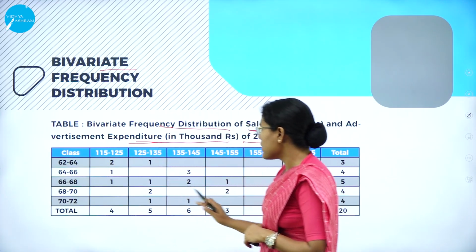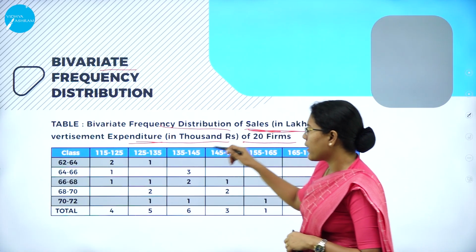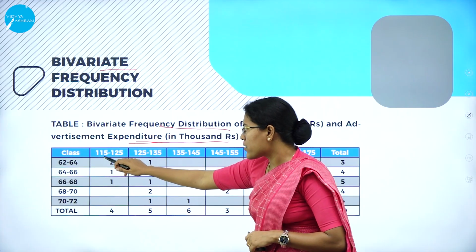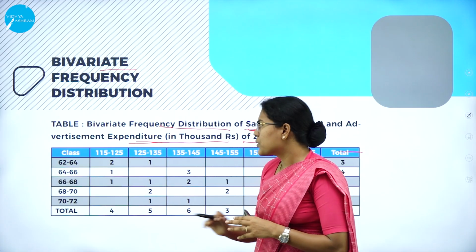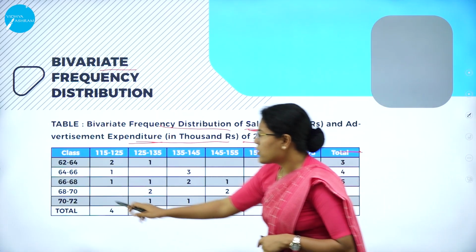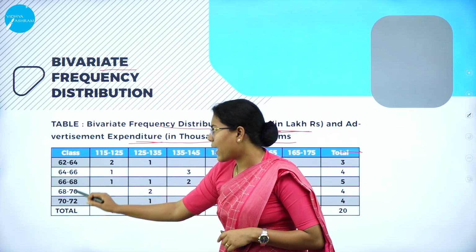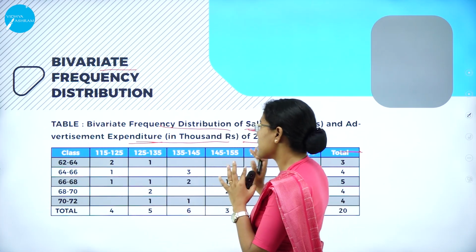In this table, the sales of 20 companies are recorded like this: from 115 to 125, 125 to 135. This row represents the sales and this column represents advertisement expenditure. Now let us see what it is indicating.